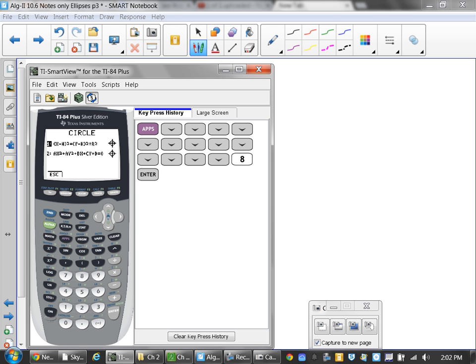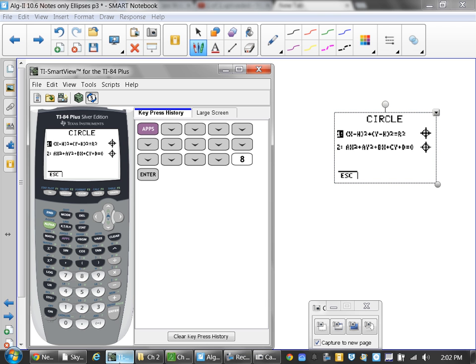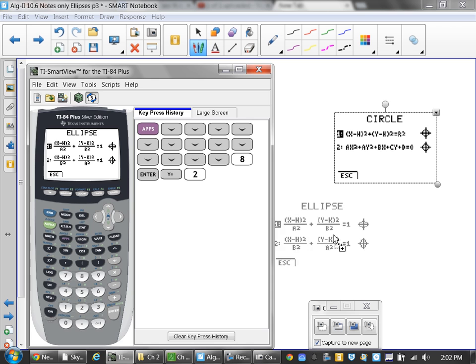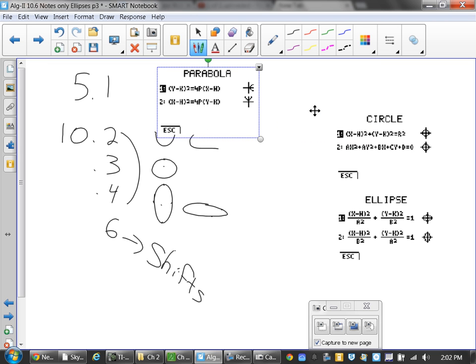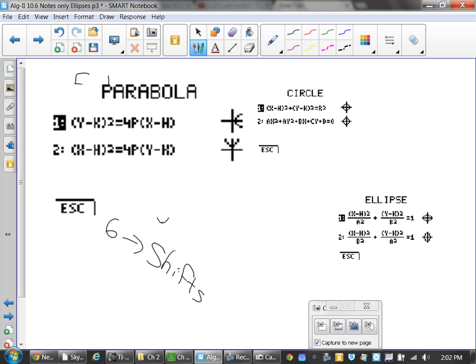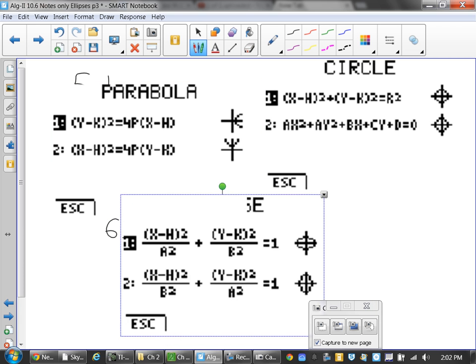If you go through these, you'll notice that you've got the circle equation. You've got the ellipse equation. And if you look here, guys, all three of the ones that we've been working with are given to you in terms of H's and K's.